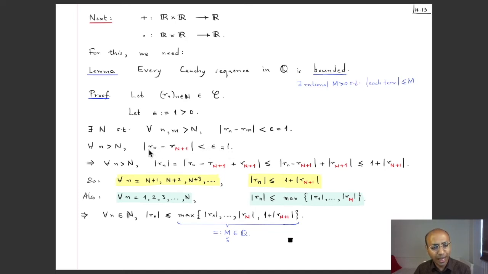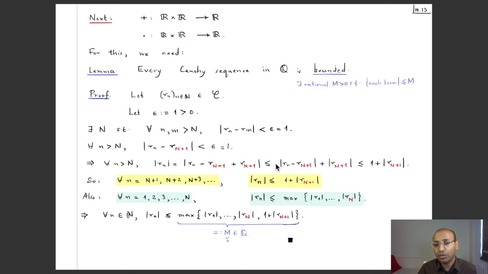So this means that Rn itself can't be too large. Indeed, we can show this using the triangle inequality, because for every little n bigger than capital N, the mod of Rn, now I know something about mod of Rn minus R capital N plus 1, which is not there here. So we artificially introduce that by adding and subtracting this R capital N plus 1, and that is less than or equal to the mod of the first term plus the mod of the second term.